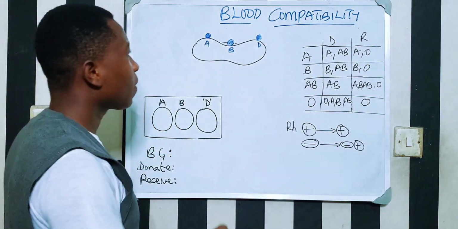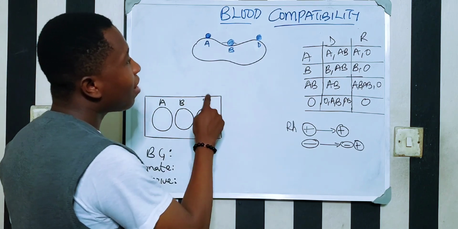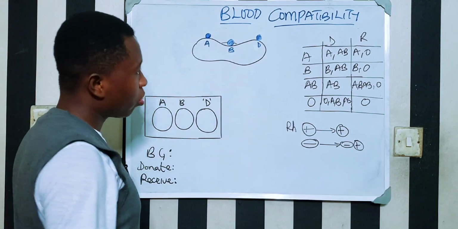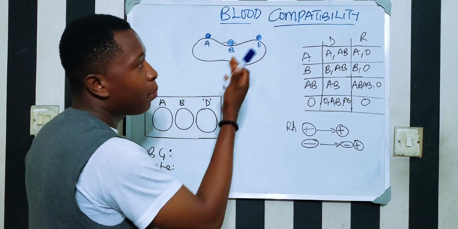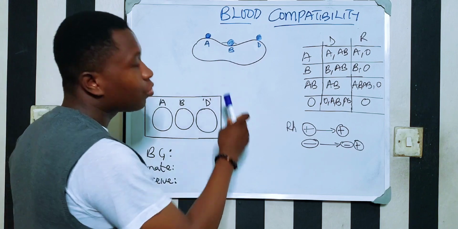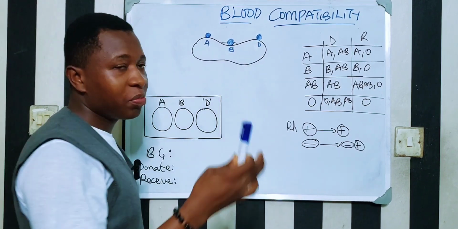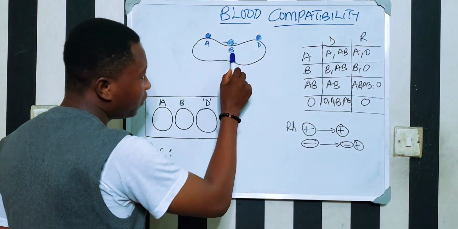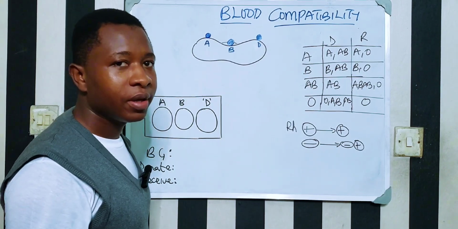Now, looking at this blood cell, if you have only A, without B, that means you are blood group A. If you have just B on your erythrocyte, that means you are blood group B. If you have both A and B on your erythrocytes, that means you are blood group AB.